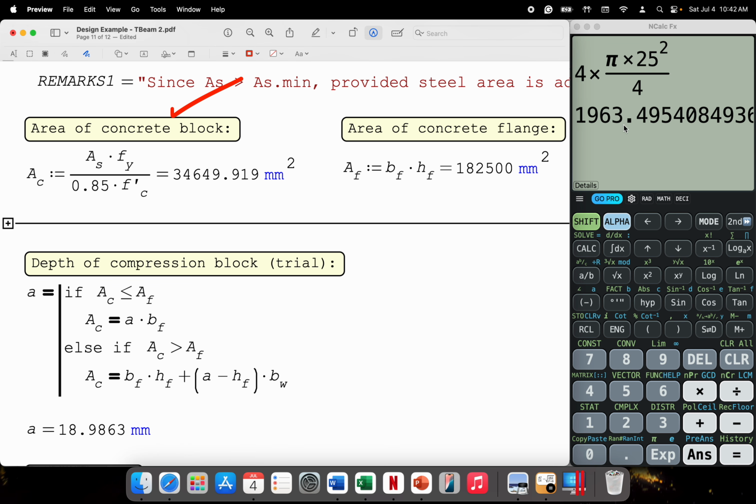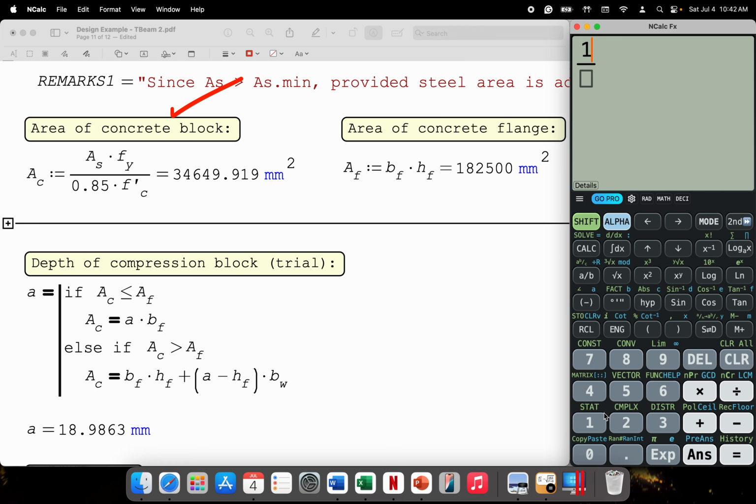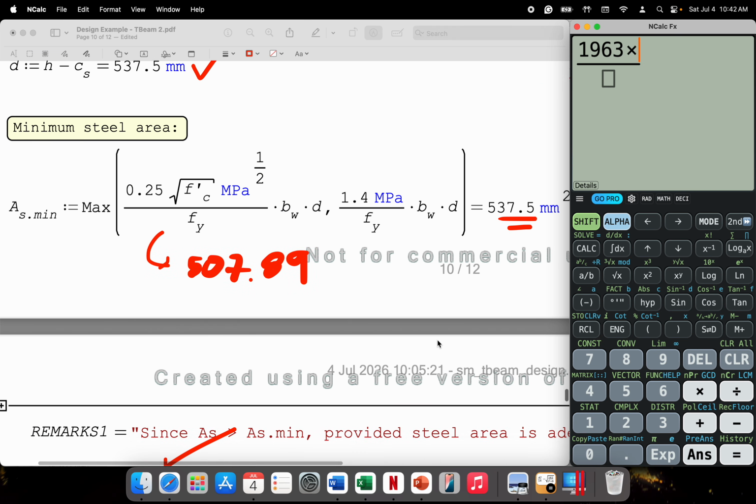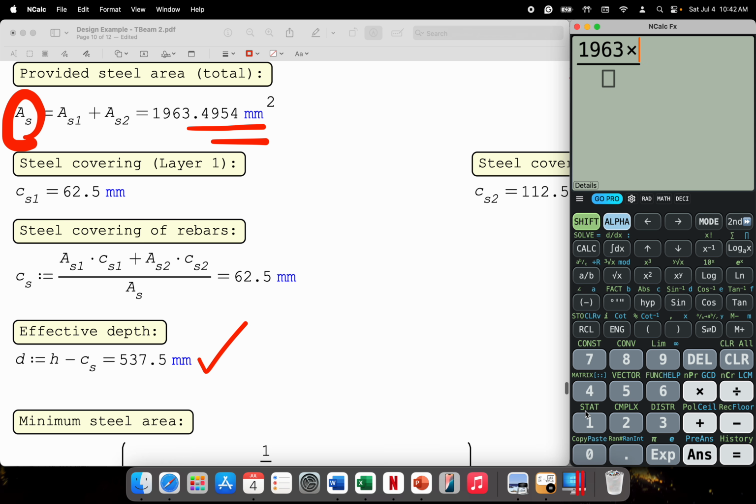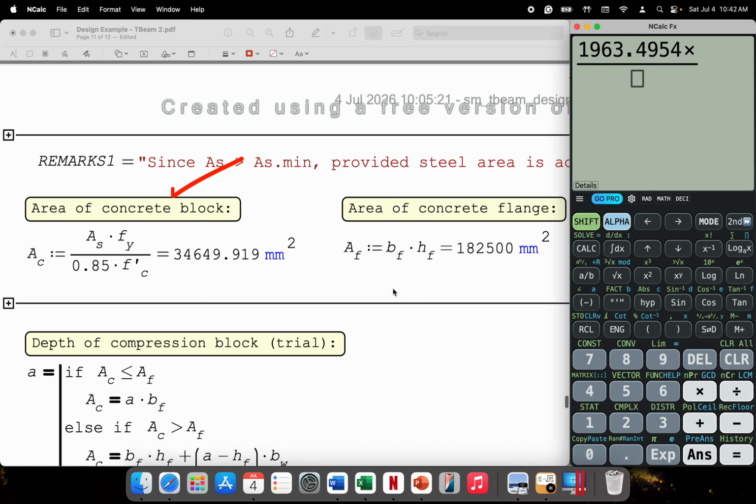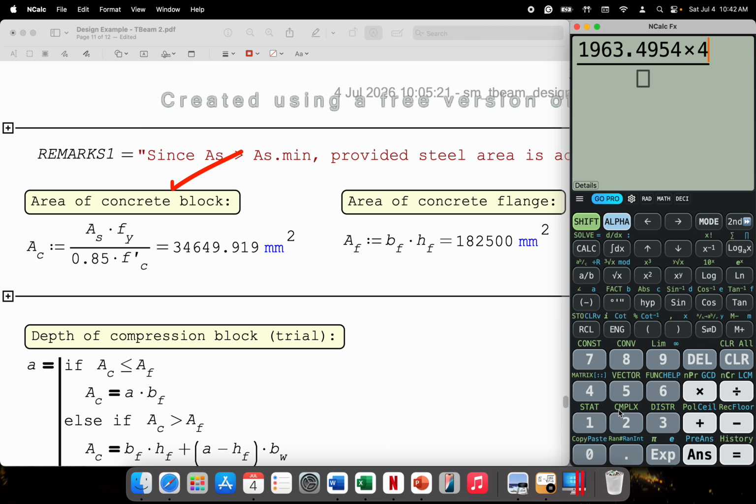So after that, we're going to solve for the area ng ating concrete block. So meron na tayong 1963.4954 times yung ating Fy na 420 divided by yung 0.85 times yung ating FC prime na 28.